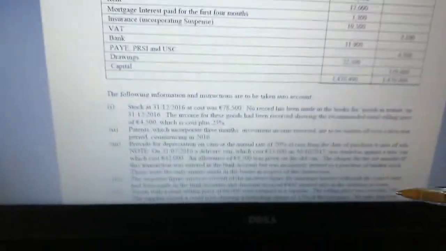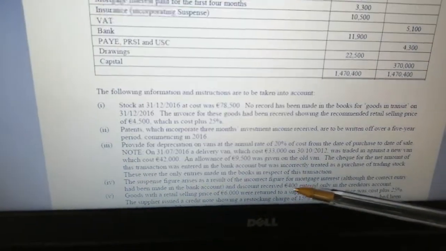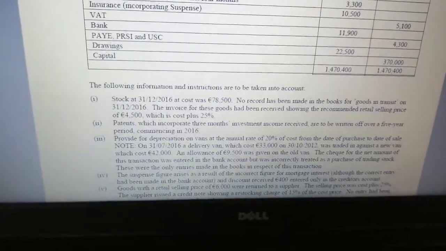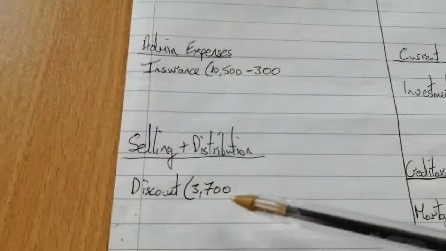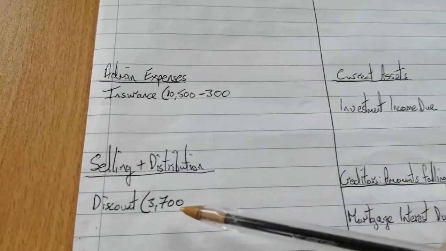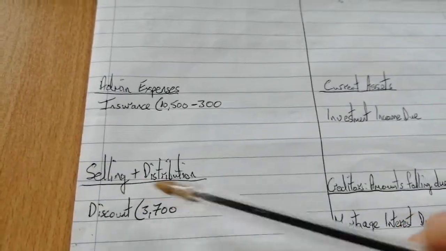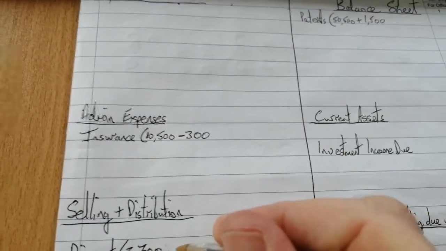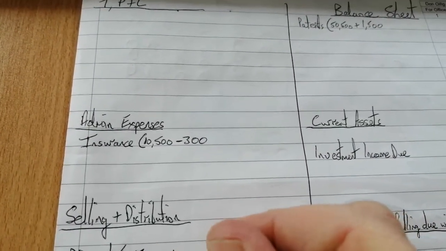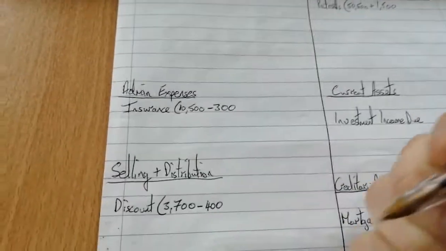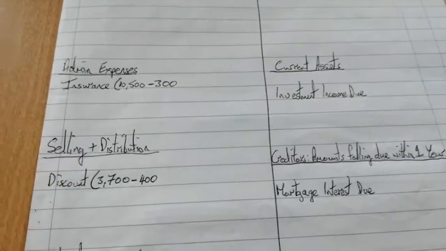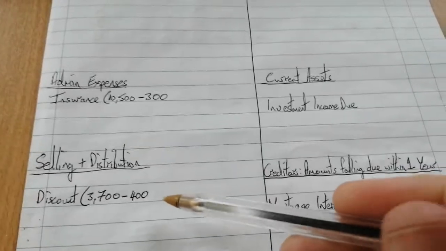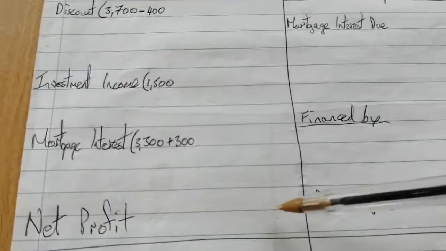So then what happens is, if you have another discount received of 400 that you didn't enter in the discount account, what effect does that have on these discount allowed? Well, if it's a discount received, you can write it off against your discount allowed, thereby reducing your discount allowed by 400. Okay, so if that discount allowed goes down by 400, what effect does that have on the net profit?